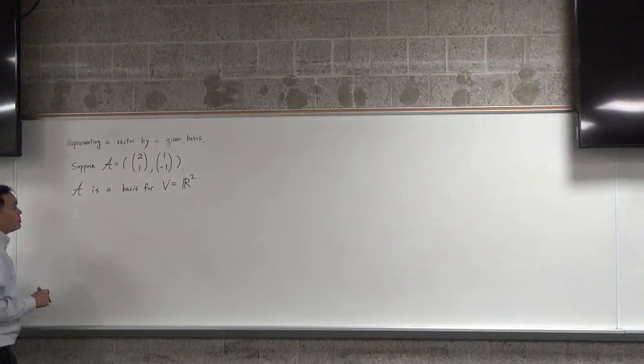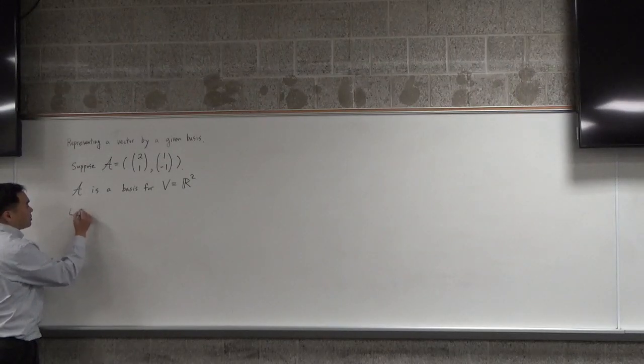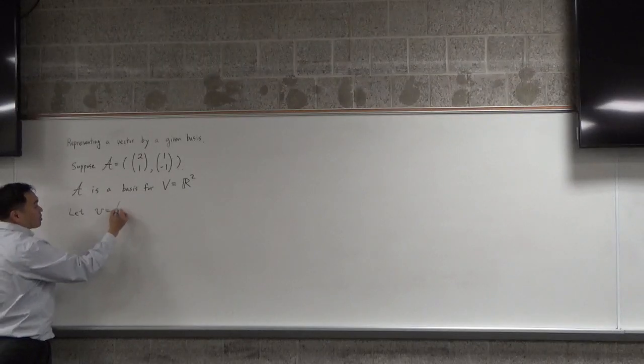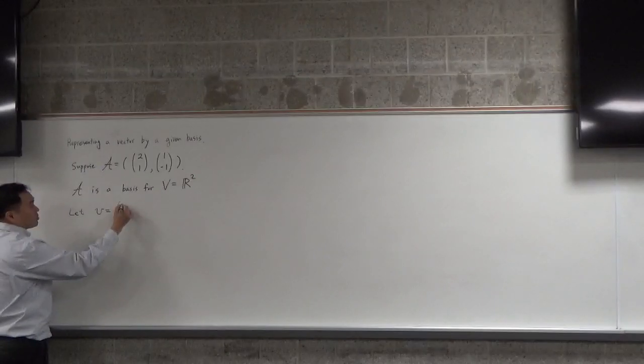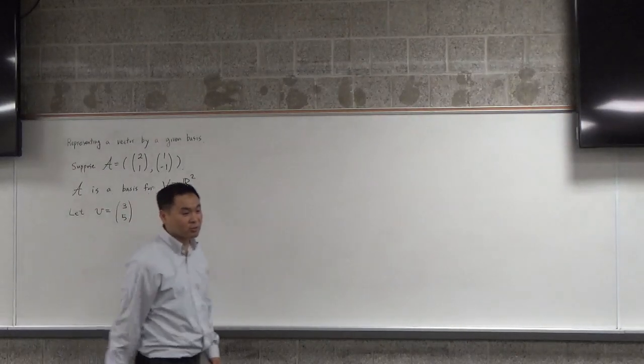And let v be the following vector, say (3, 5). It's a vector in R2, right?